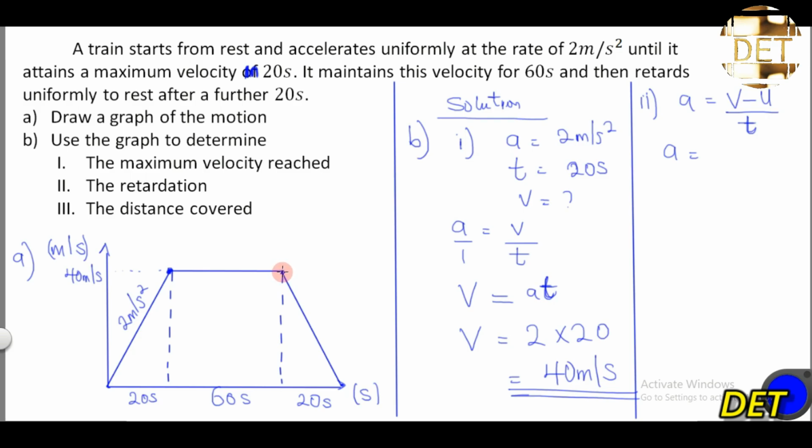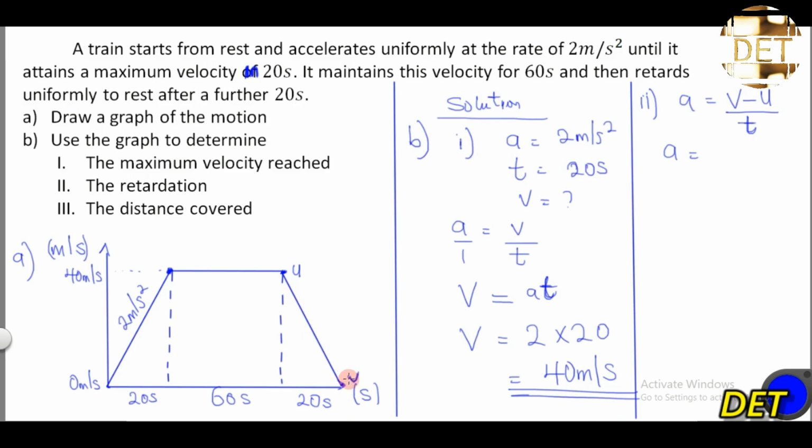This will be my initial velocity, and this will be my final velocity at this point. So final velocity is 0 meters per second, right?